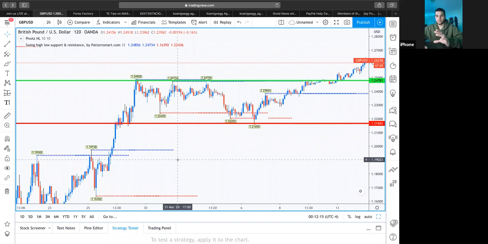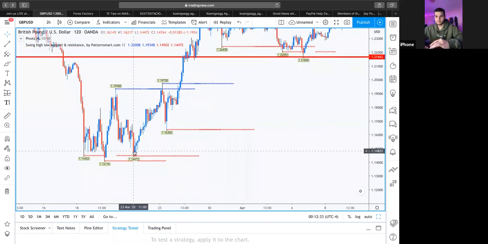A pullback is where typically a market is either in an uptrend or downtrend or consolidation, and it has a zone of retracement and basically switches the direction that it's in. Now, if it's in an uptrend, it does not mean that it's switching trends. It just means that it's going downwards to retrace itself and have a small pullback to then go up again.